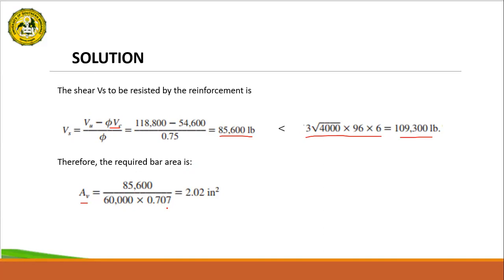Usually ang ating angle here is 45 degrees. So sine 45 degrees is 0.707. So our AV here is 2.02 square inch. So ito yung total shear reinforcement needed to resist the punching shear, no? Due to the factored load.